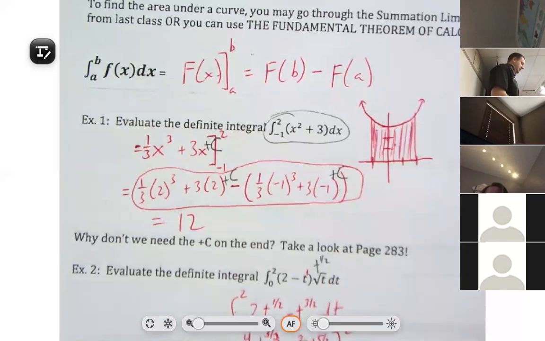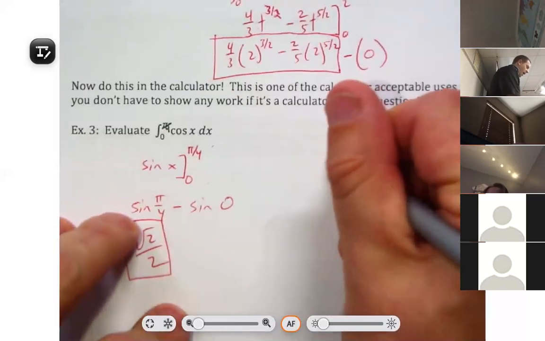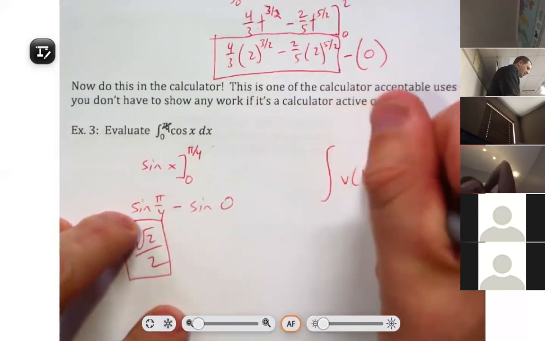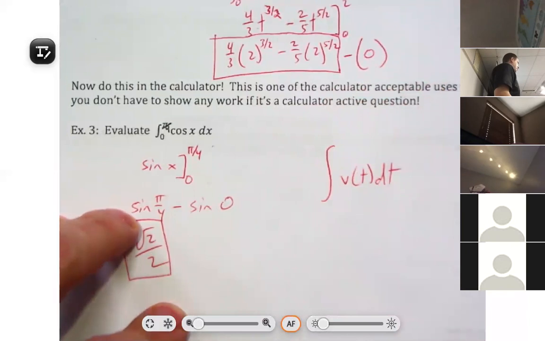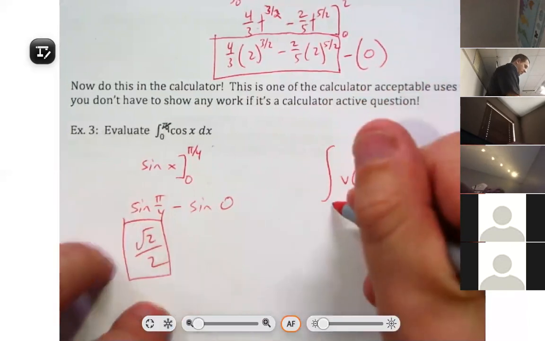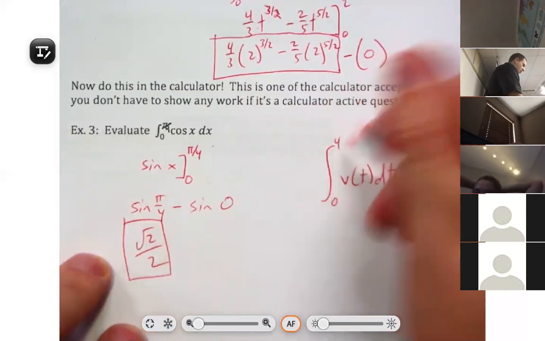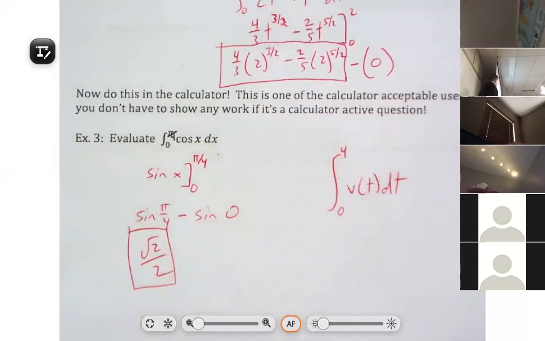You don't need to write this, but I want you to see what will happen. A lot of times, you're going to have to integrate velocity, okay? I'll show you what happens. So if you integrate velocity, what do you get back to? You get back to position, right?